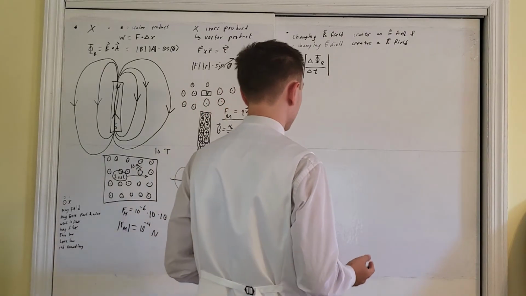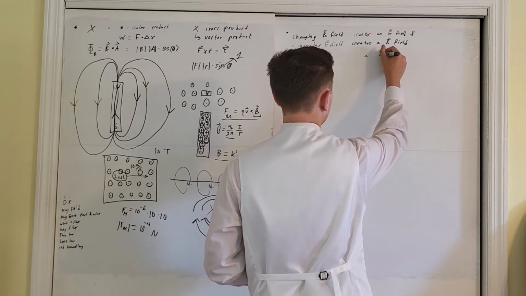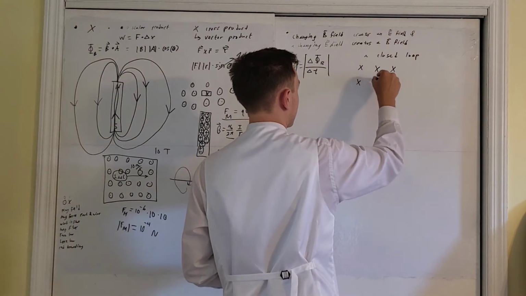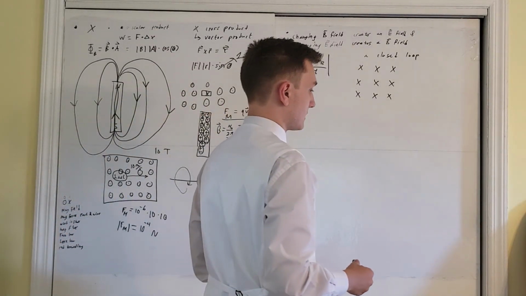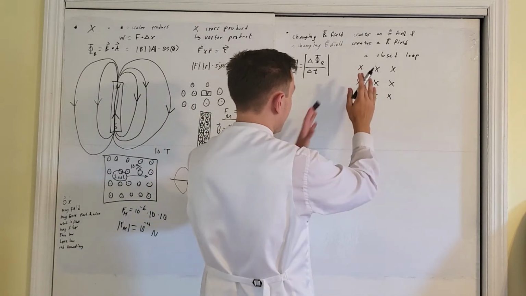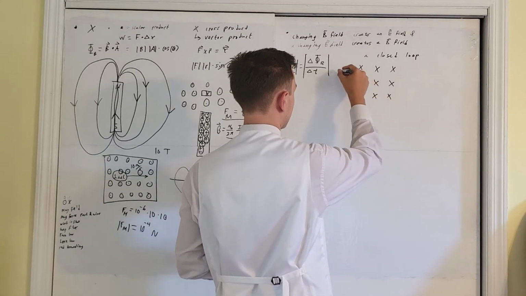And the area in which flux is varying must be a closed loop. If I have a B field that's going into the page as such, I can induce an electric field, I can induce a current in a wire that creates an area within the B field, okay?